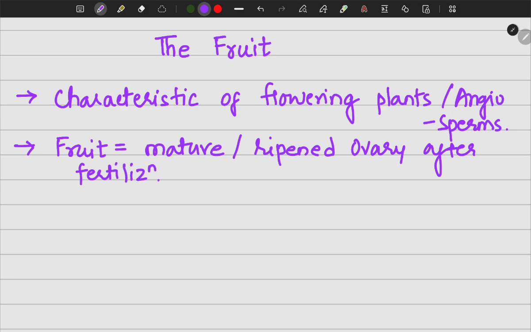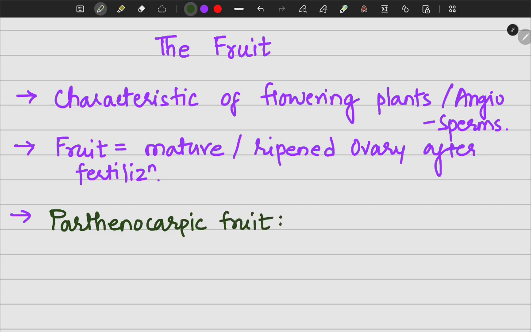Now in some cases, some fruits develop without fertilization, and there's a special term for those fruits. They are called parthenocarpic fruits.